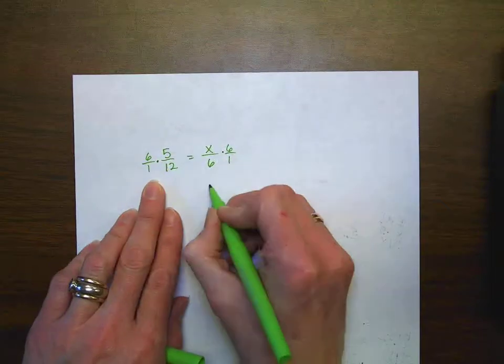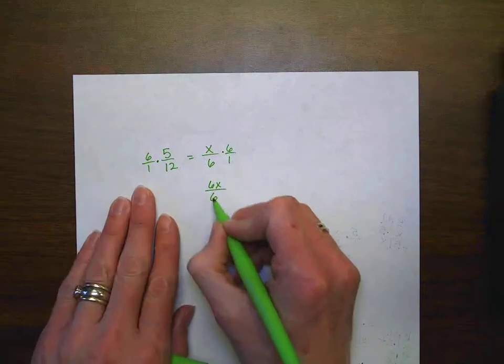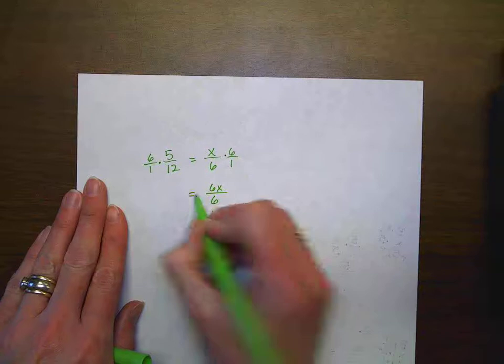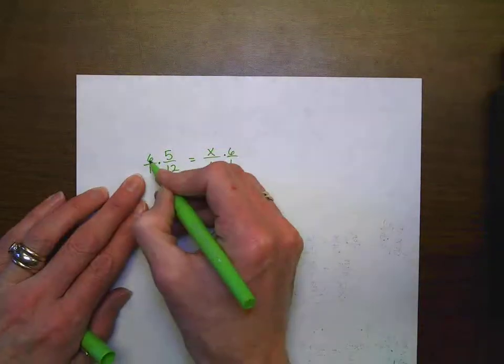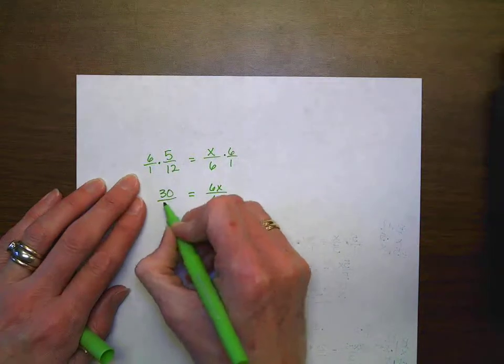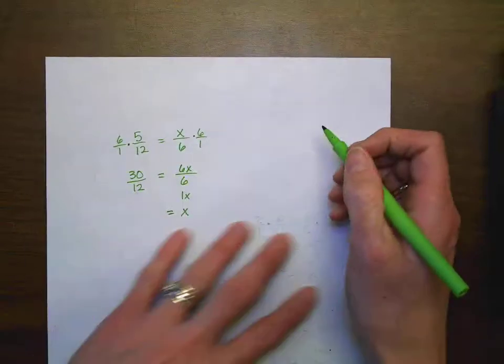So I'm multiplying both sides by 6, and when I do that, I get 6 x's divided by 6. 6 divided by 6 is 1, and 1 times x is x. So as you can see, that side worked. Now let's do this side, and you get 6 times 5 is 30 divided by 12, right?